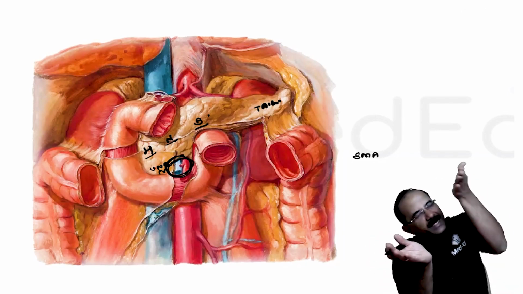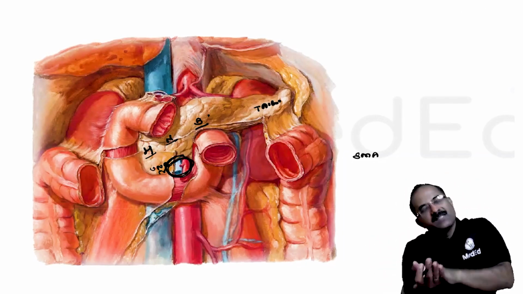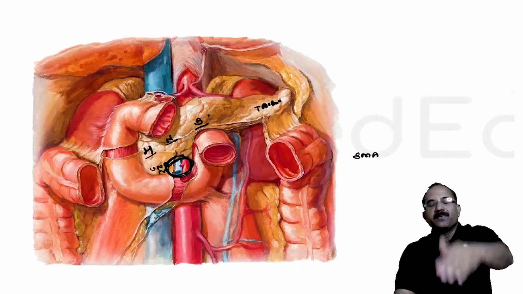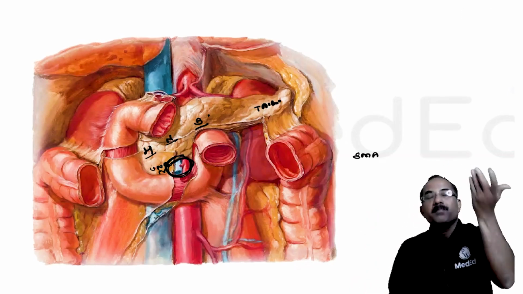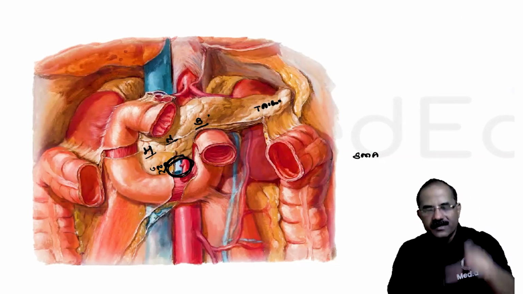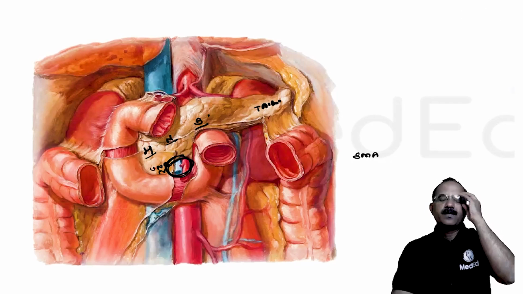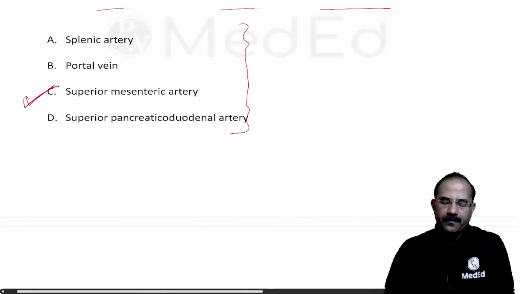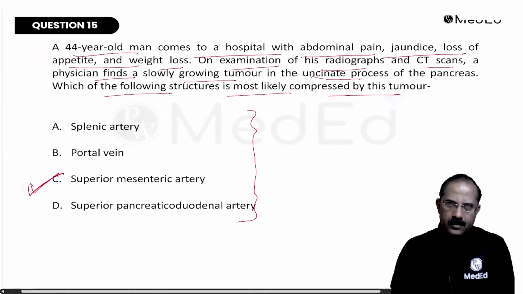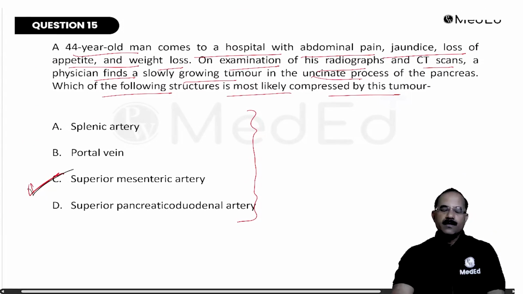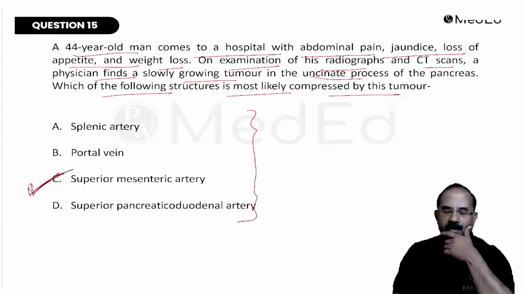The tumor will enclose and compress the superior mesenteric vessels, because they lie on the uncinate process. Clear, Naman? So answer is superior mesenteric artery.